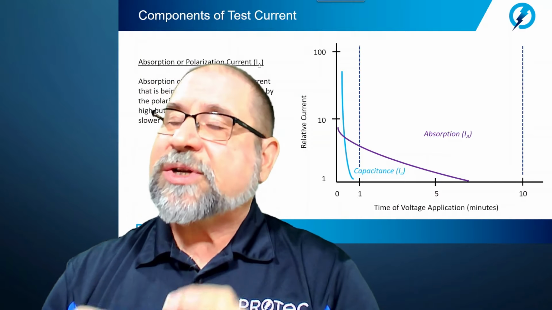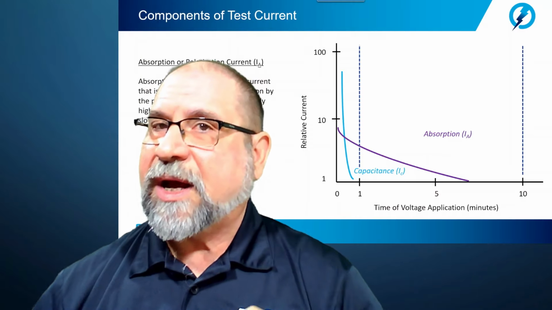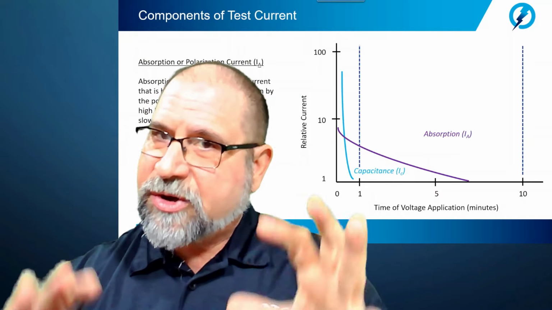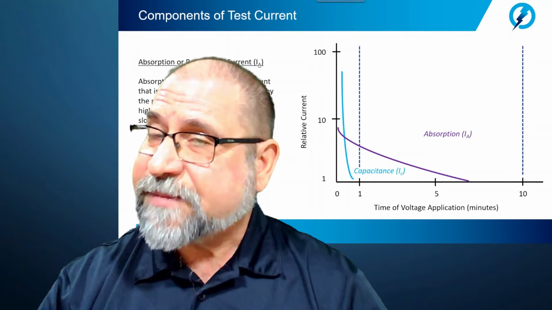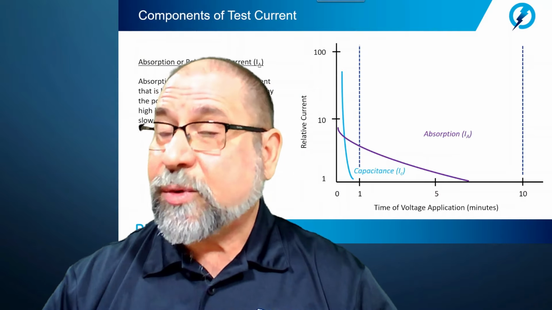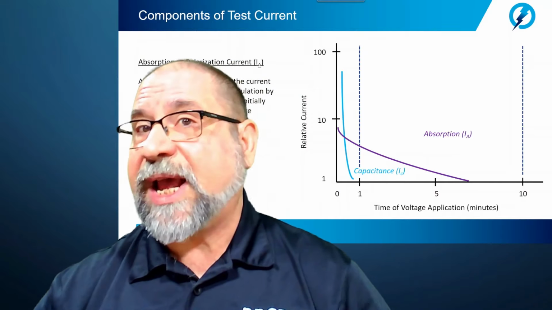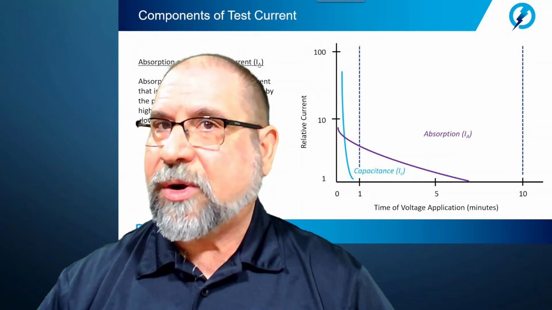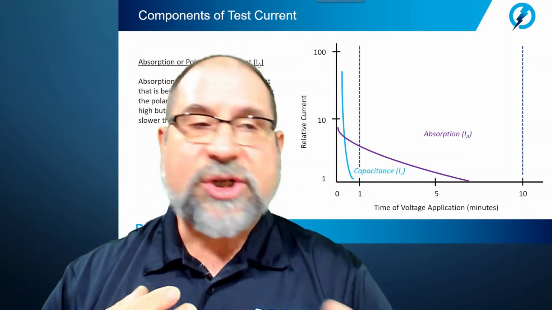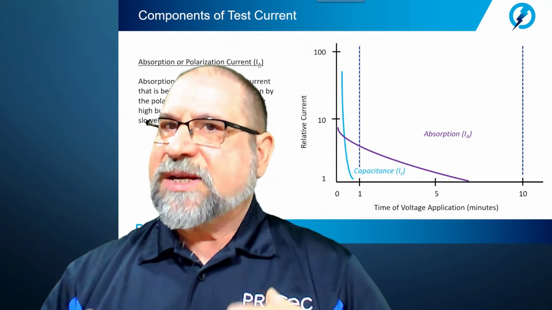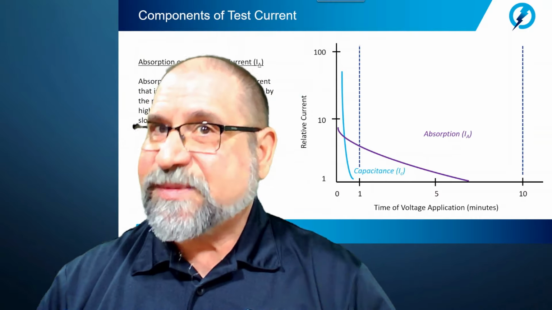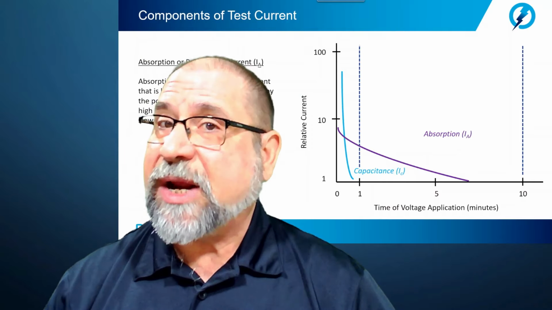Now, this is also a very important fact to understand when testing large capacitive devices, such as medium voltage cables of substantial length, or for instance, large motor stators, transformers, or generators. These large bulk insulating systems have a lot of capacitance associated with them.